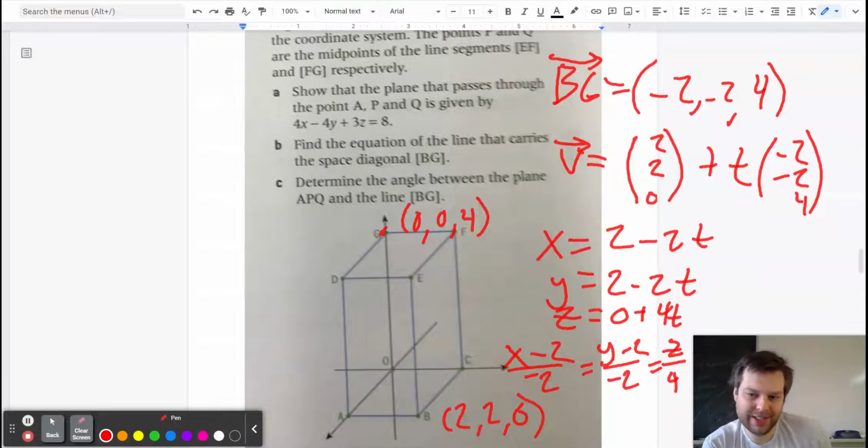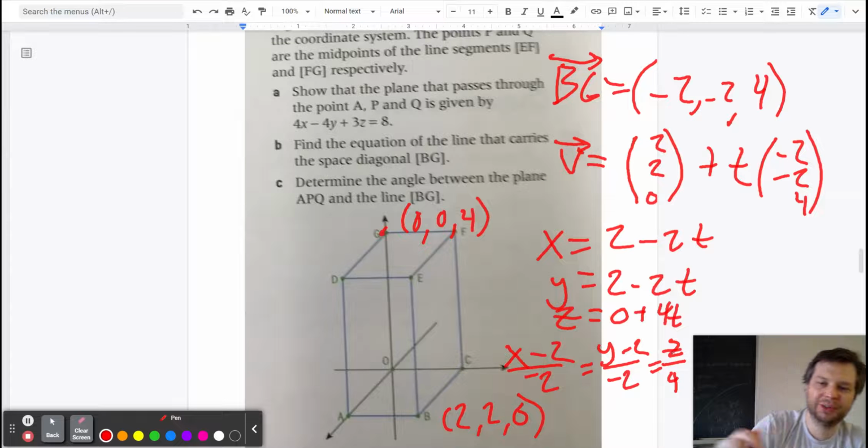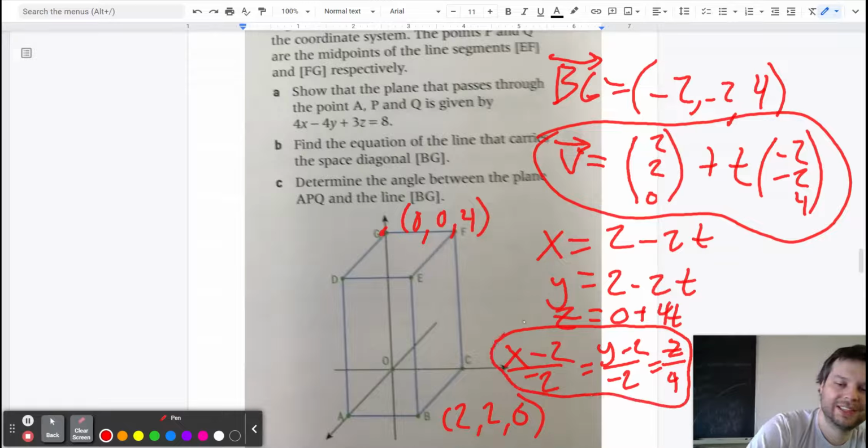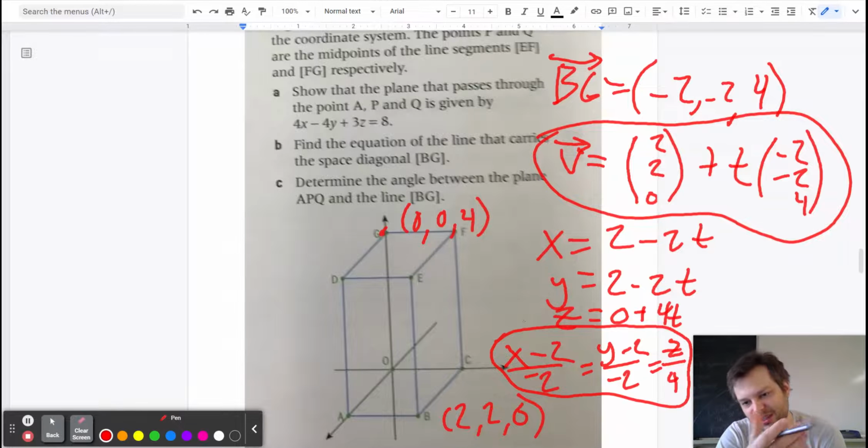It didn't specify, it just said find the equation of the line. I guess if I was being super picky, I would say that the vector form is a single equation, and so is the Cartesian form, whereas the parametric form is 3 equations, but they weren't very specific. So I will accept any of those versions of the form because they all demonstrate the same amount of understanding.